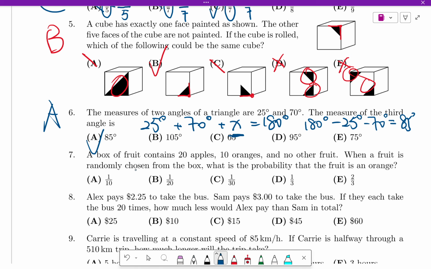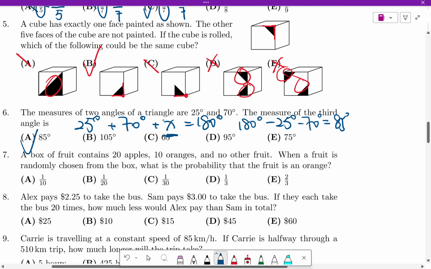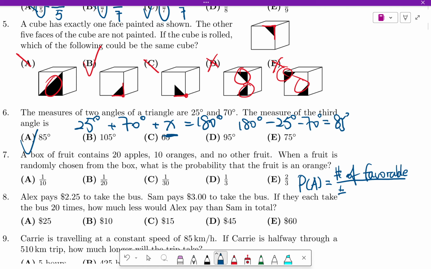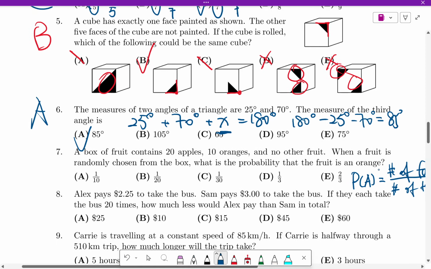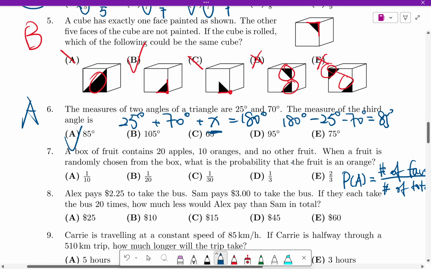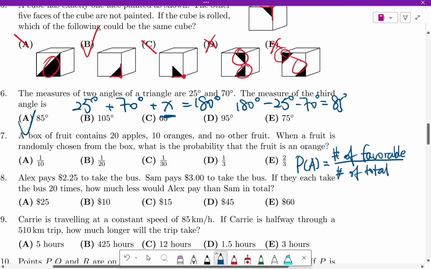Question 7. A box of fruit contains 20 apples, 10 oranges, and no other fruit. When a fruit is randomly chosen from the box, what is the probability that the fruit is an orange? We know that the formula to calculate the probability of an event is the number of favorable outcomes over the number of total outcomes.